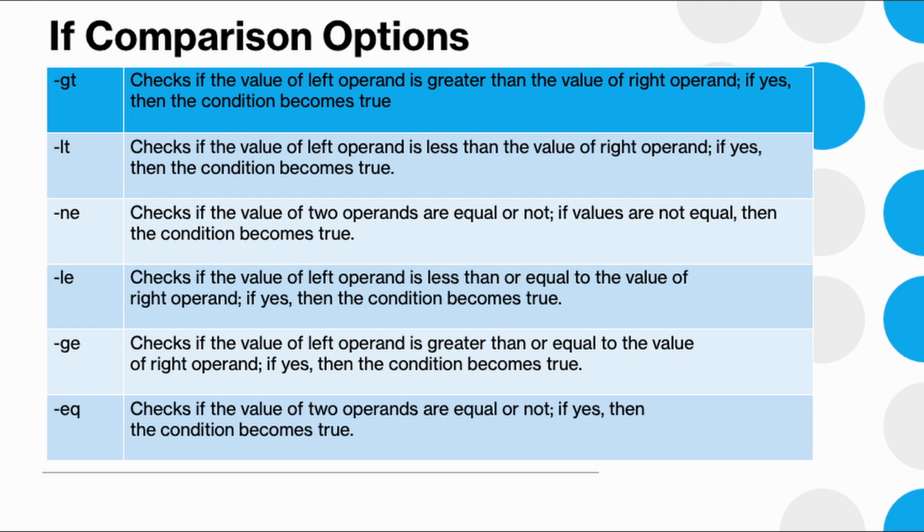And you have -ne, which checks if the values of two operands are not equal. -le checks if the value of the left operand is less than or equal to the value of the right operand, and -ge checks if the value of the left operand is greater than or equal to the value of the right operand.